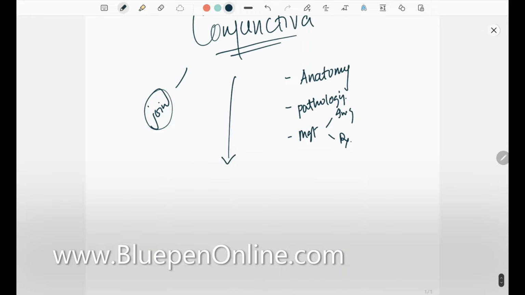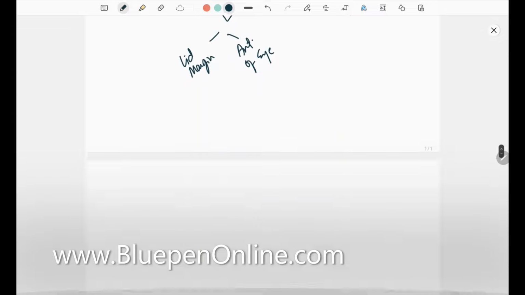So this conjunctiva joins two structures: the lid margin and the anterior aspect of the eye. I'll make things clearer for you. Let's say this is the anterior aspect of the eye, and this is the lid margin, or the tarsus or the eyelid.